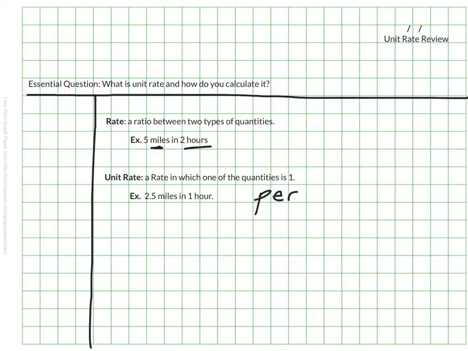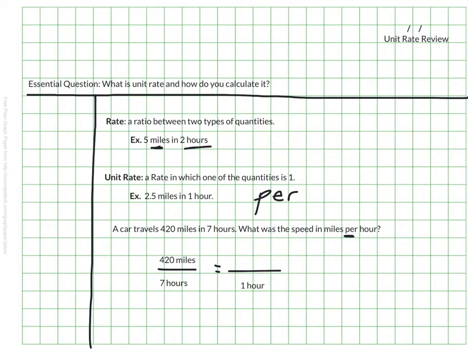And we calculate unit rate in various ways. One way is setting up proportions. For example, if a car travels 420 miles in 7 hours and we want the speed in miles per hour, meaning we want 1 hour's worth, we can set up a proportion, which means equal ratios. In our proportion, we know that it's 420 miles for 7 hours and we want just 1 hour.